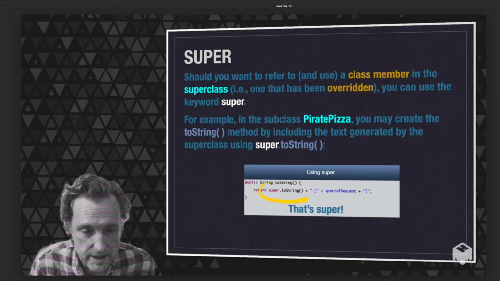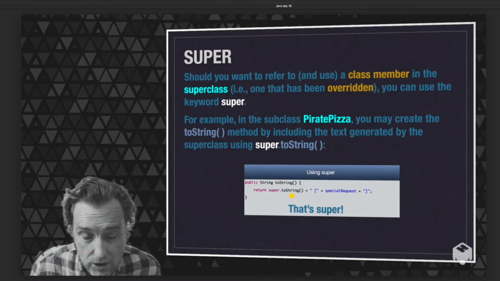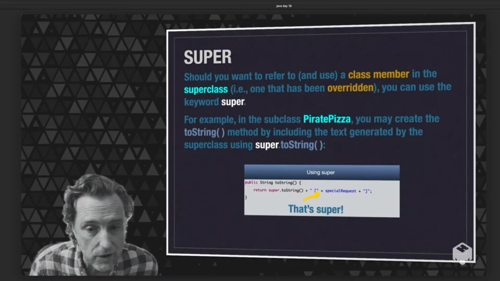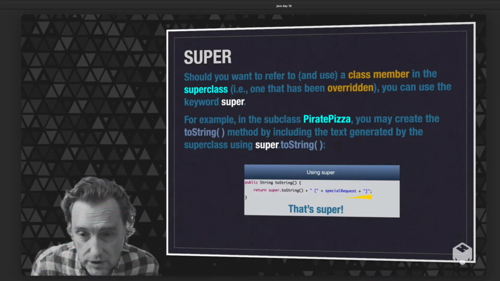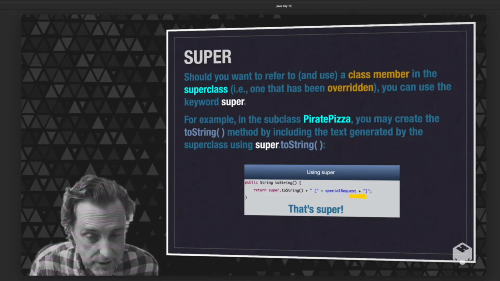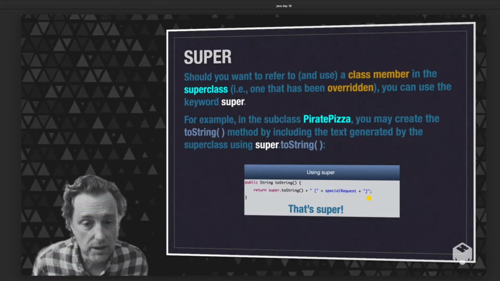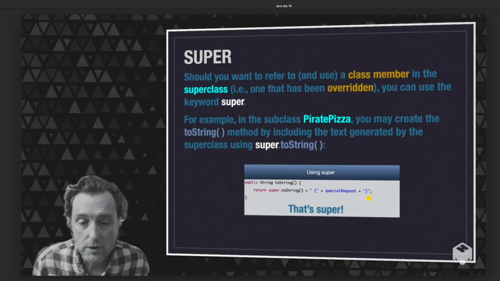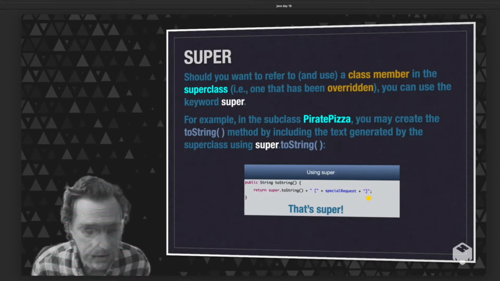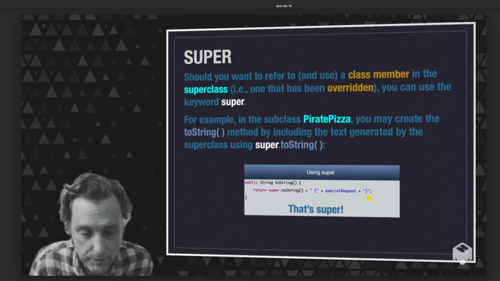All that work's already done for us, and we can get it just by calling the method that gives it to us. And then I use string concatenation to add on what is new, which is I just put in square brackets the special request and close square brackets. So in the JList version, you'll see exactly what we saw before for each pizza, but then also these special requests that may or may not be there for specific pizzas.